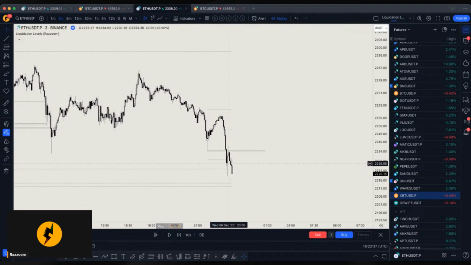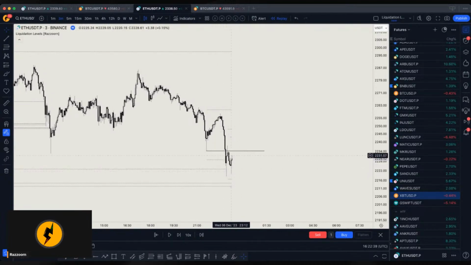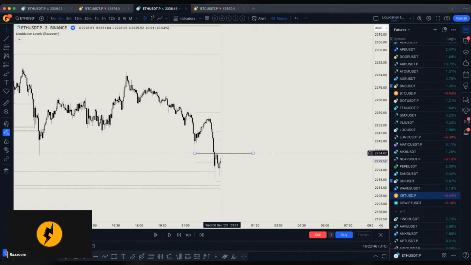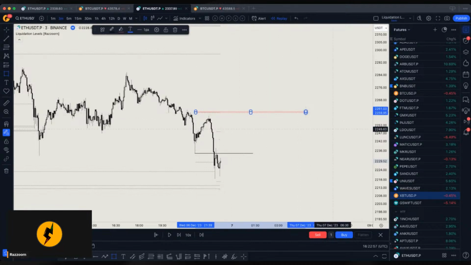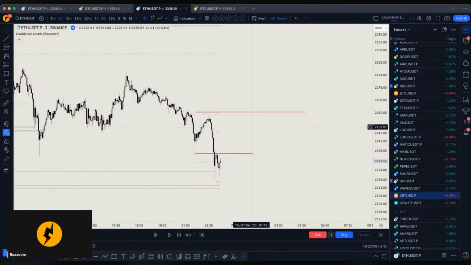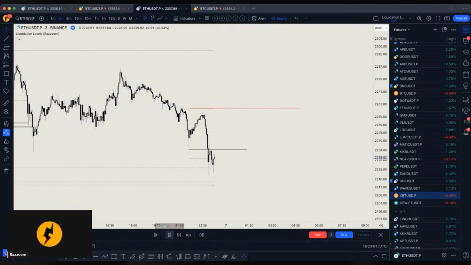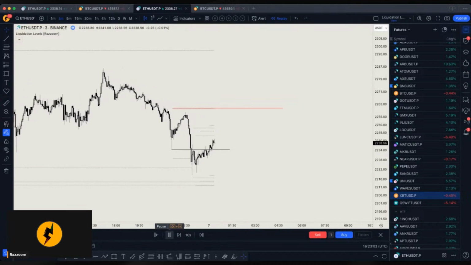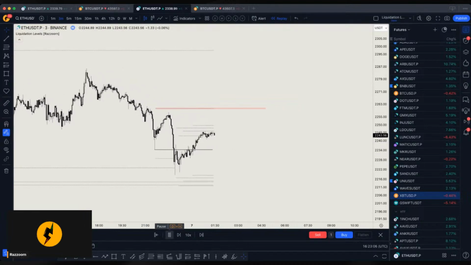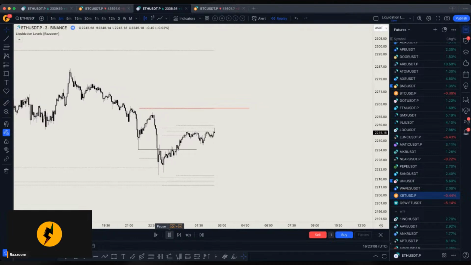Then you get the levels, you get your confirmation when you come back above it. The retest is where I'm more confident to get long. And about the targets, you have this old liquidation level right here for your target. Basically, that's how it happens.